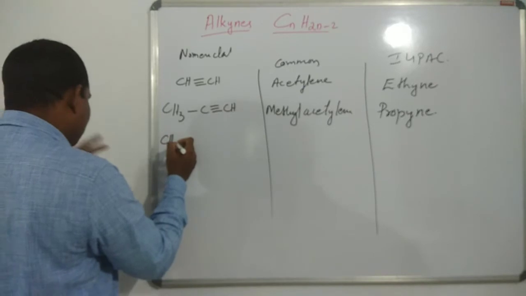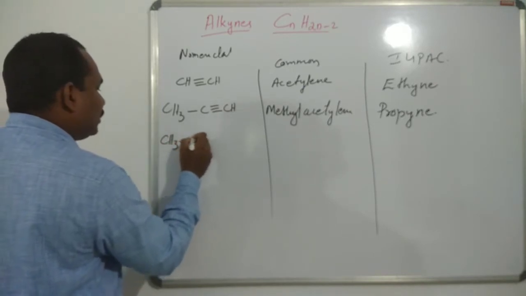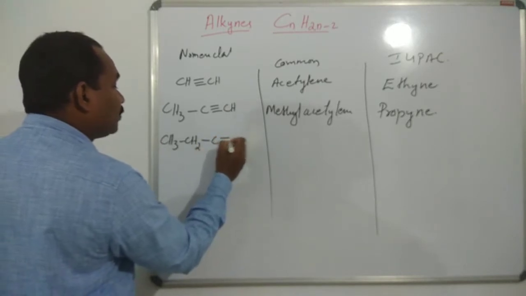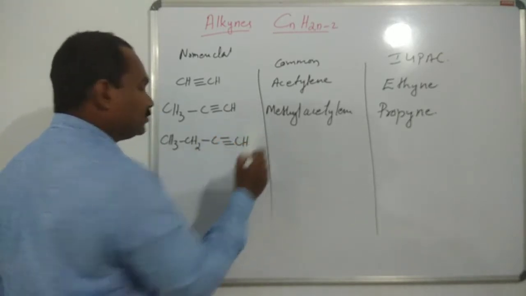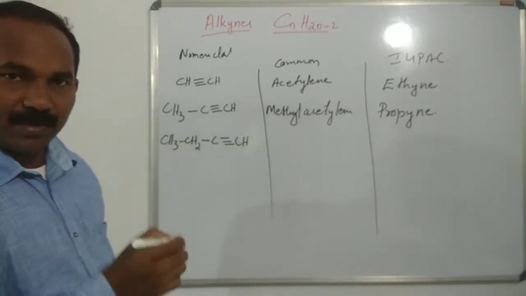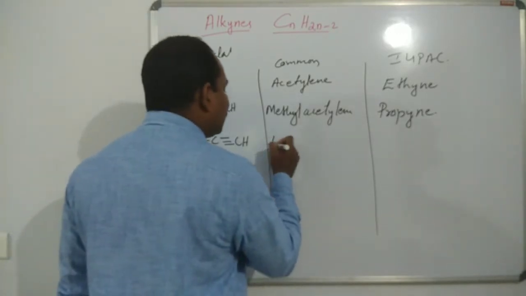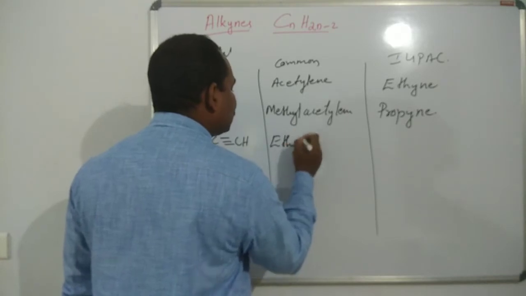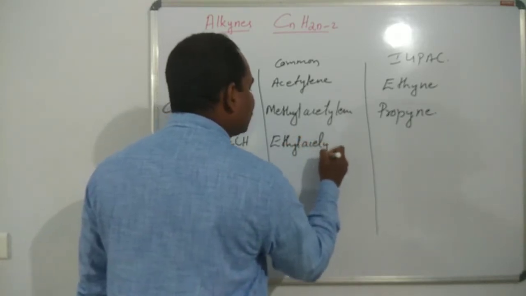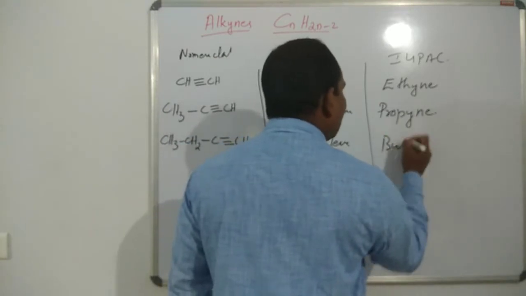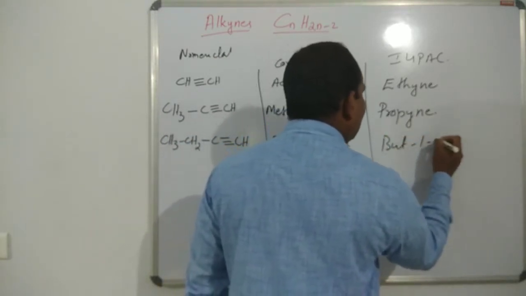Another is CH3, CH2, C triple bond CH. Next member, ethyl acetylene. And the IUPAC name is but-1-yne.